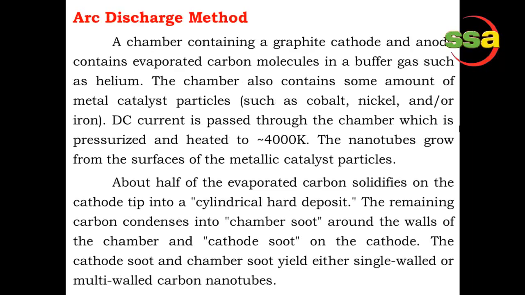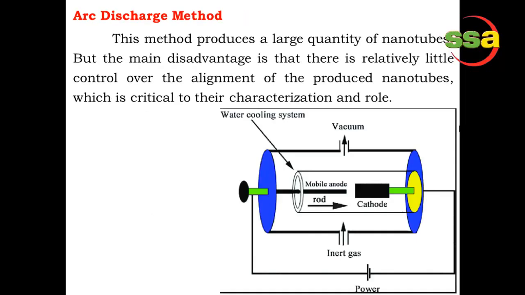Let us see some basic methods of producing nanotubes. The first one is the arc discharge method. See here, there is a discharge tube as shown in this figure, and here the material, which is called the target or substrate, is placed into the discharge tube.